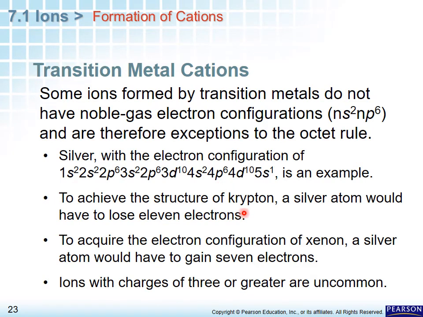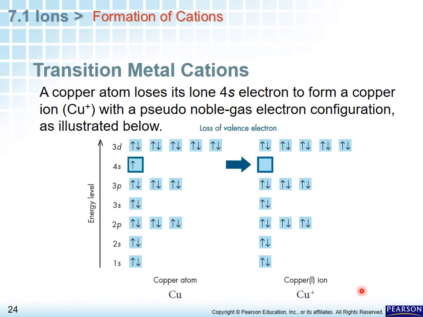To achieve the structure of krypton, a silver atom would have to lose 11 electrons. To acquire the electronic configuration of xenon, the silver atom would have to gain 7 electrons. So ions with a charge of 3 or greater are uncommon. Normally 3 or more is uncommon.